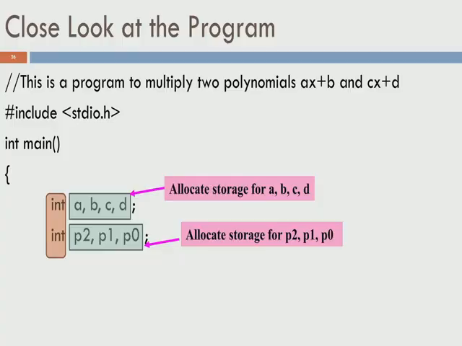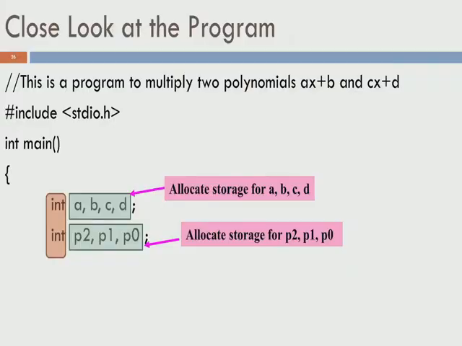If you look at this, int stands for integer, and it means that anything that follows is going to be a variable of an integer type. So when you have int a, b, c, d, we have four variables of the data type called integer.